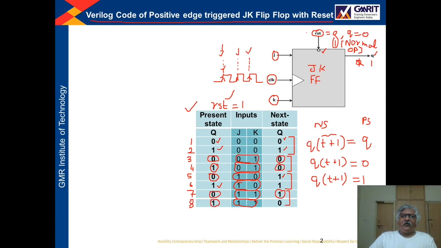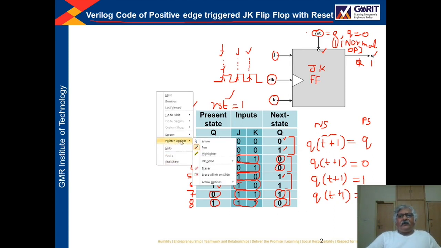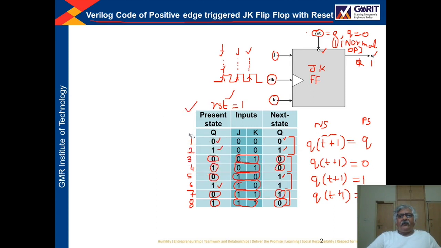Present state is 1. And what is the next state? Next state is 0. So next state is the complement of the present state if J and K inputs are 1. So for this condition, next state, that is Q(T+1), will be Q bar, the complement of the present state. So this is the truth table, how this JK flip-flop works, right?